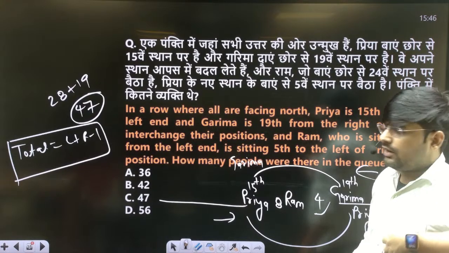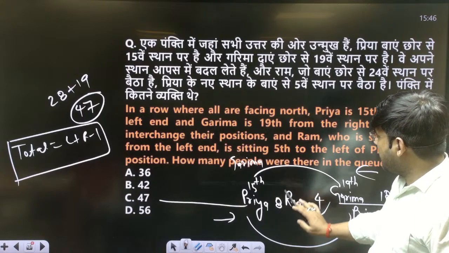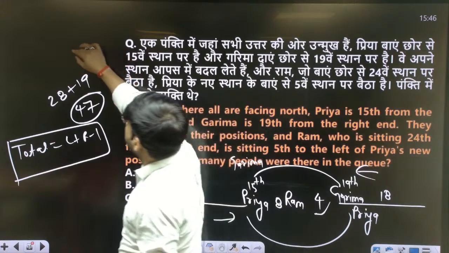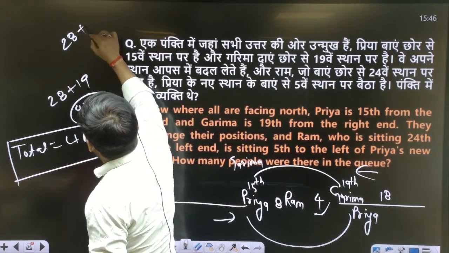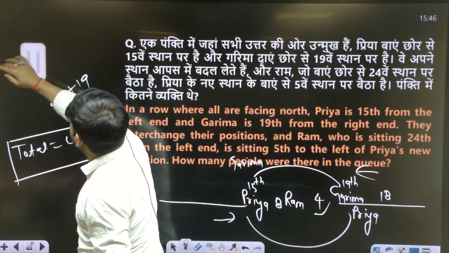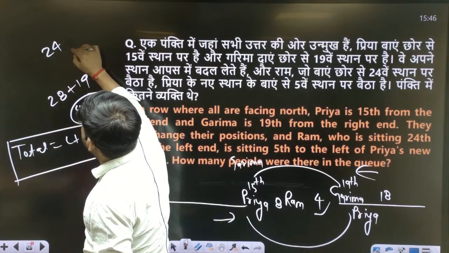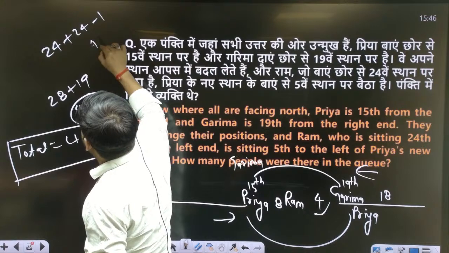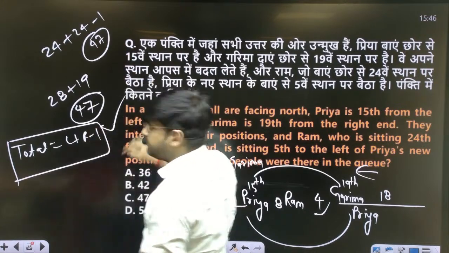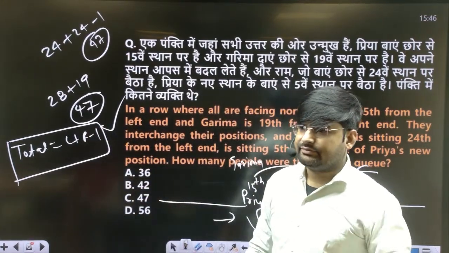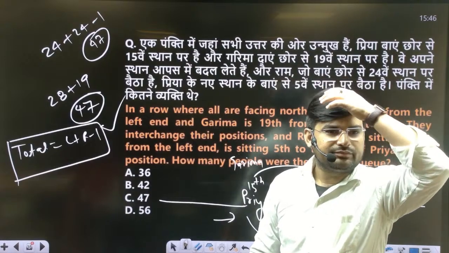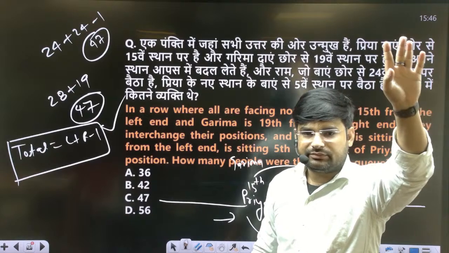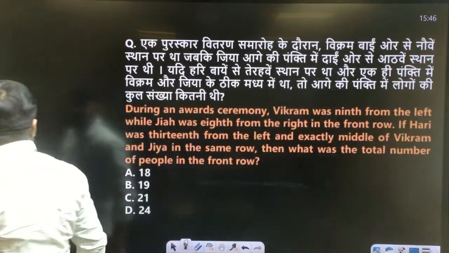We found Ram's rank from both sides. Left 24, and from the right also 24. 24 plus 24 minus 1 is 47. Is it clear? Any doubt? Clear? Sure? Okay, good. Shabash.